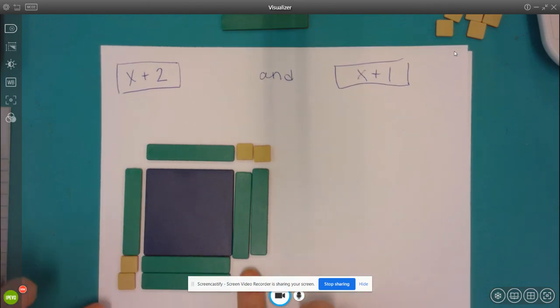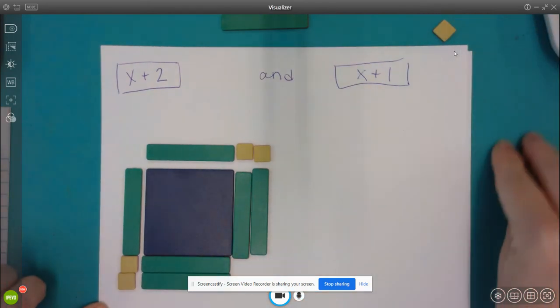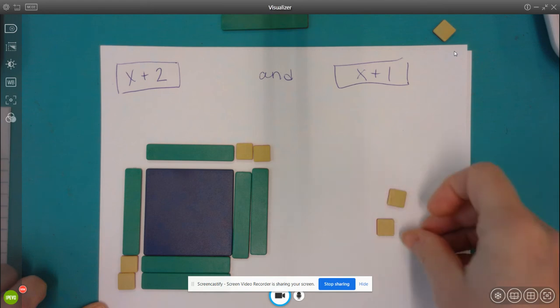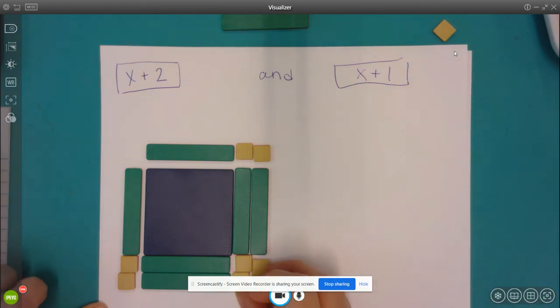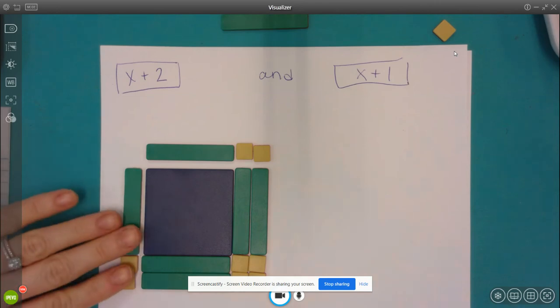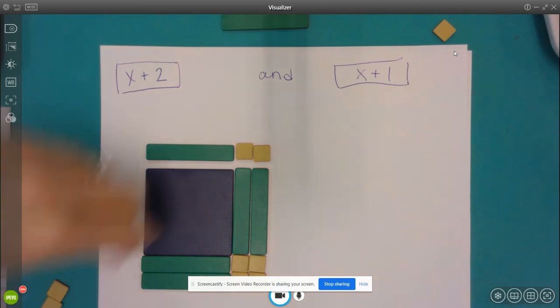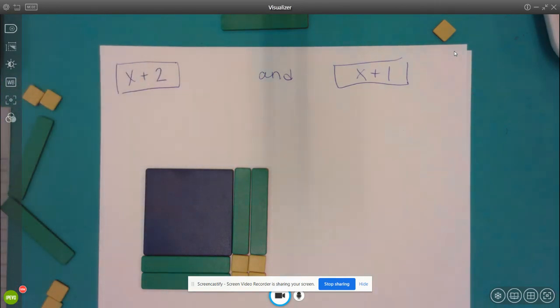And then I have 2 by 2, so I need to add 4 singles into this bottom corner here. So I'm going to take my side lengths away again so we can investigate just the area itself.